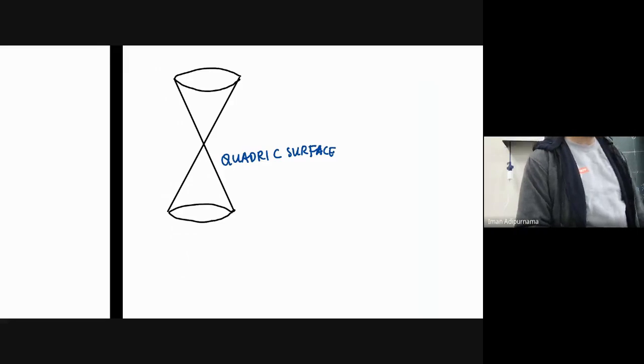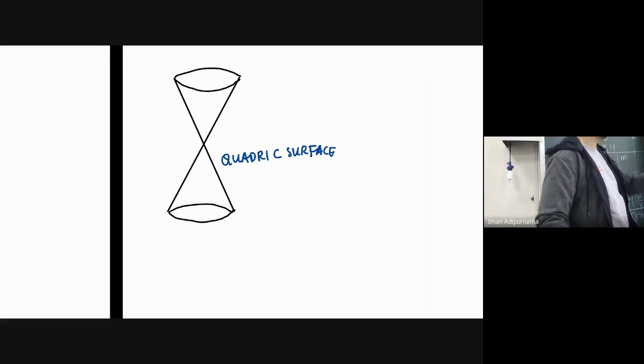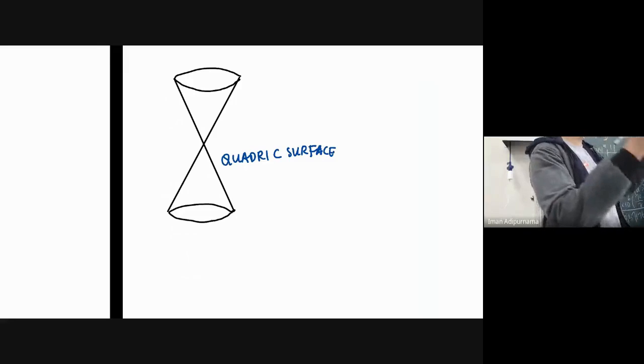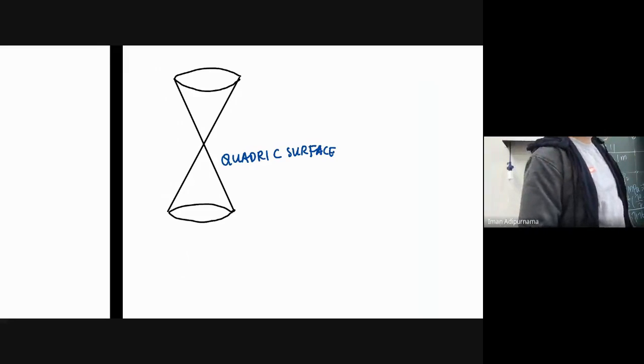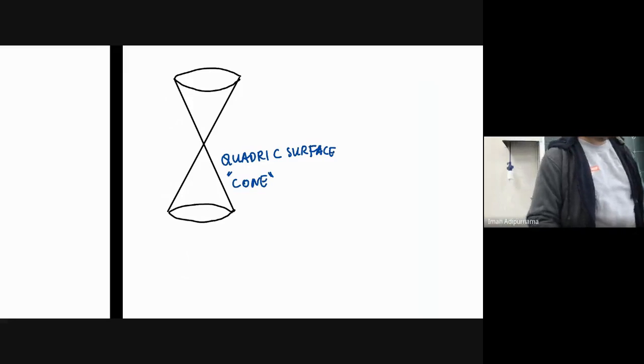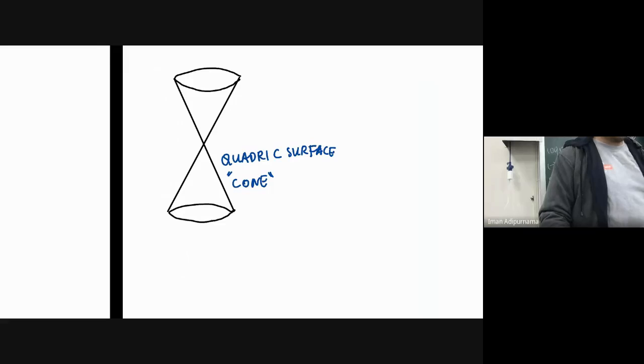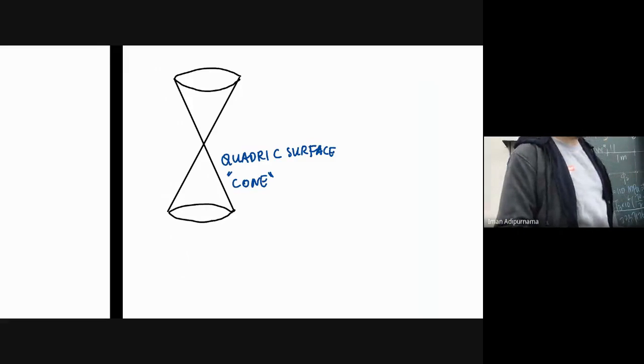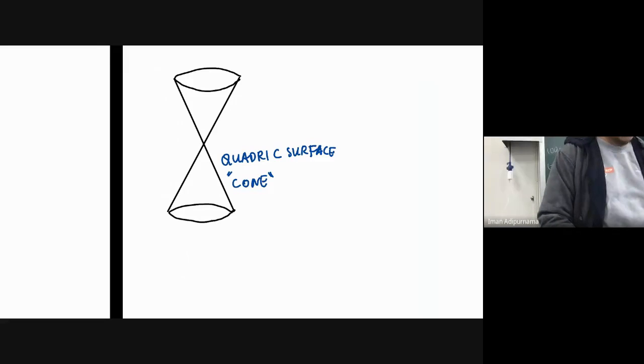It has several forms. If you want to know more, you can type in quadric surface and you will see some images. This is one of the quadric surfaces. It's called the cone. We have several, including paraboloid, hyperboloid, and so on and so forth. But let's see this cone.